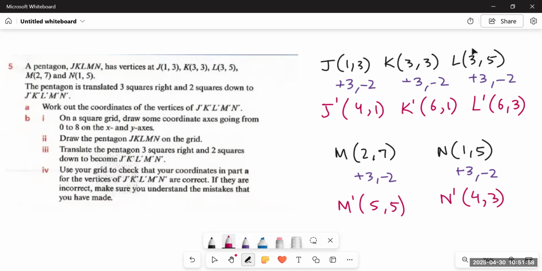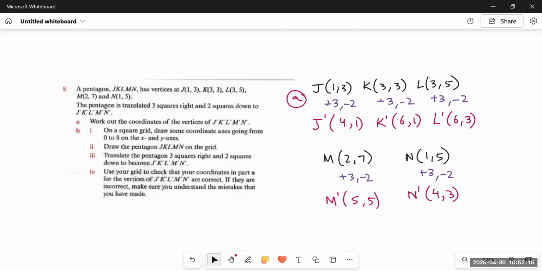Okay, but we have to work out the coordinates of the vertices. We have already done this part over here. In the second part, what is required on a square grid is to draw some coordinate axis going from 0 to 8 on the x and y axis.